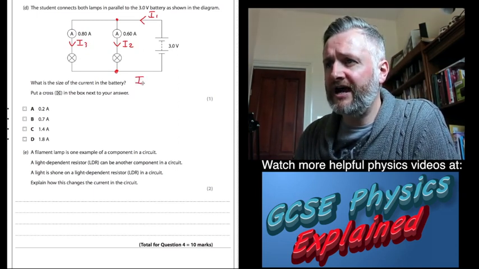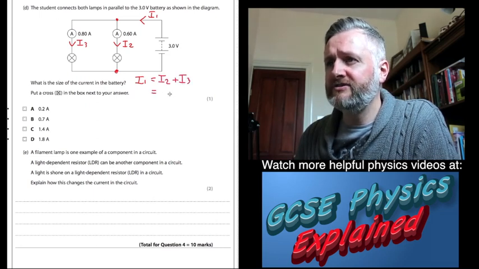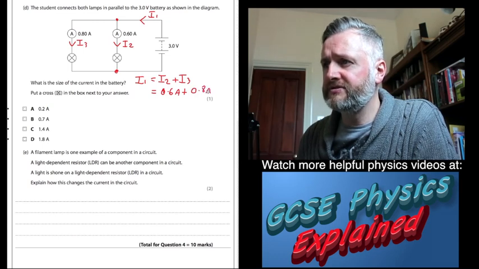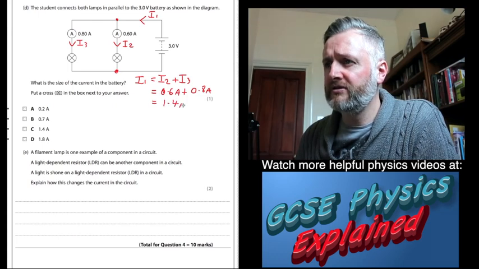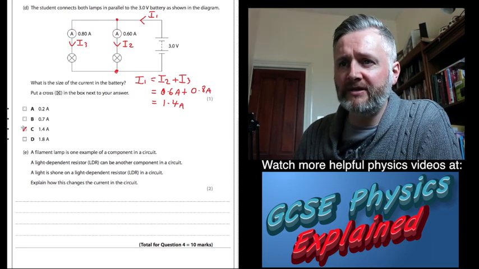Kirchhoff's law says I1 equals I2 plus I3. So I2 is 0.6 amps and I3 is 0.8 amps. So that must mean that I1 was 1.4 amps. Boom! How do you like them apples?